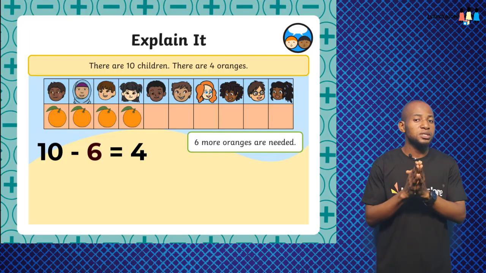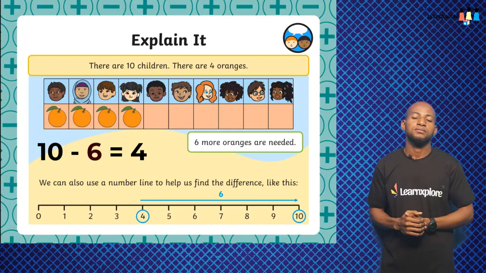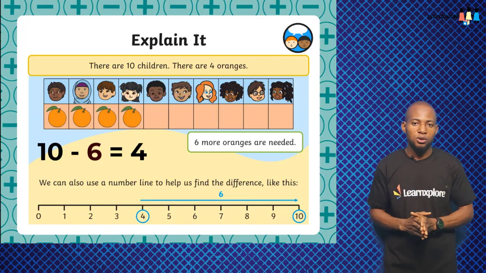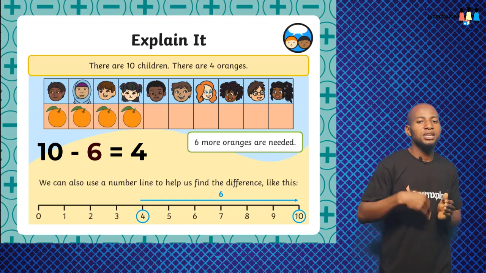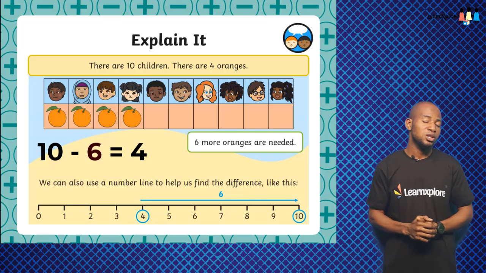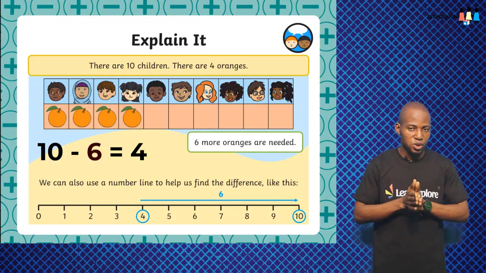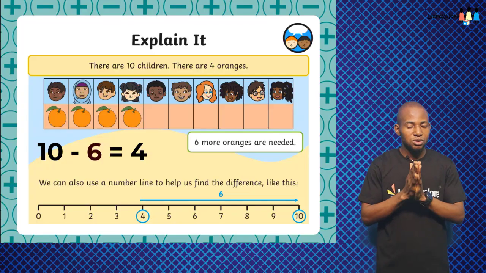We can also use a number line to help us find a difference like this. From 4, we count how many steps there are to 10. Are you ready? I want us to count it together. Don't repeat after me.